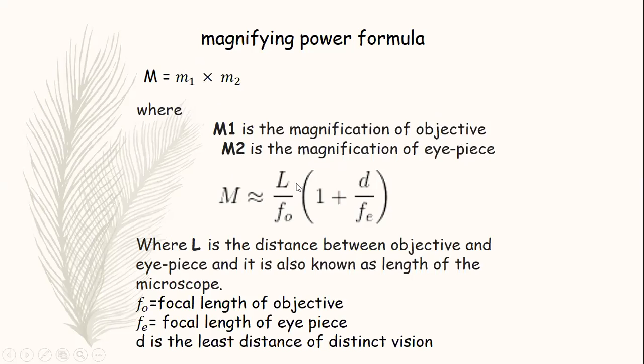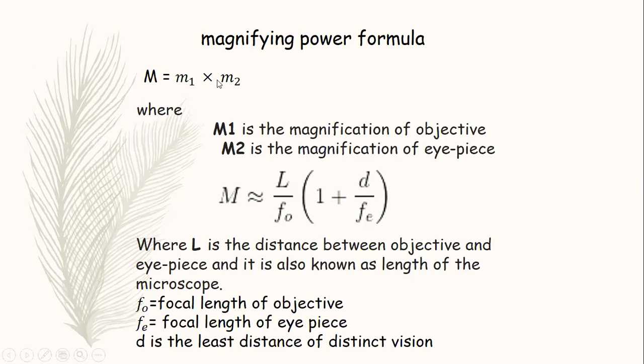So over here the magnification m1, the linear magnification, is L by f naught, where L represents the distance between the objective and the eyepiece, and f naught is the focal length of the objective. And m2 is used in such a way that it gives a final image as a virtual, erect, and highly magnified image.